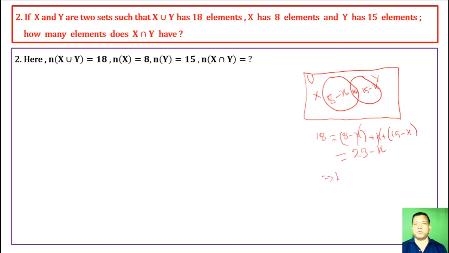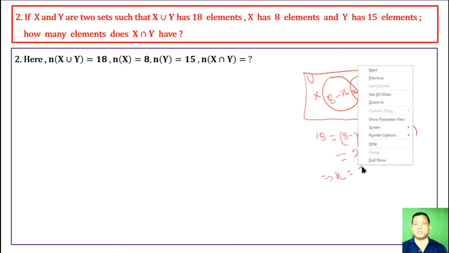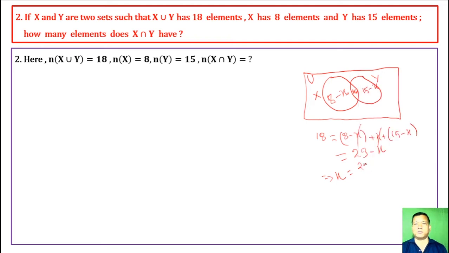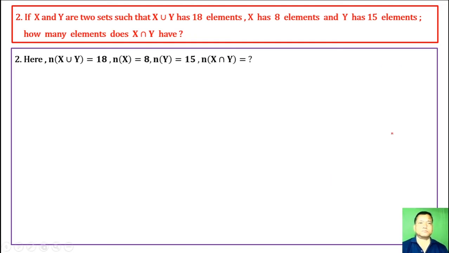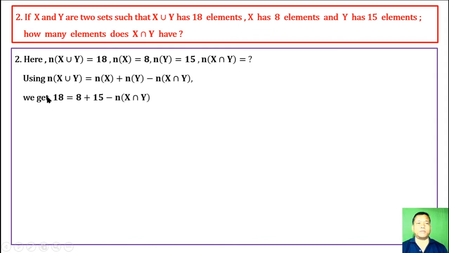Solving for x, we get x equal to 23 minus 18, that is 5. Using n of x union y equal to n of x plus n of y minus n of x intersection y and putting the respective values, we get n of x intersection y is 23 minus 18, that is 5. Therefore, the number of elements in x intersection y is 5.